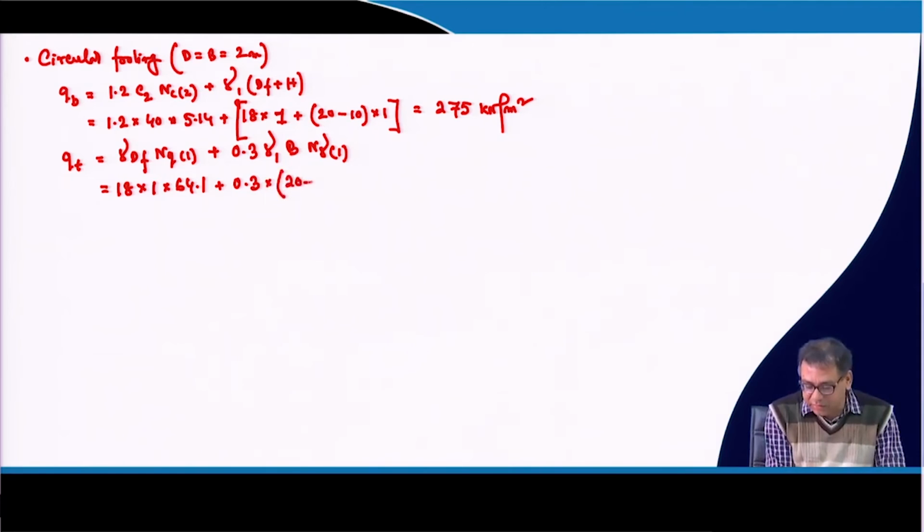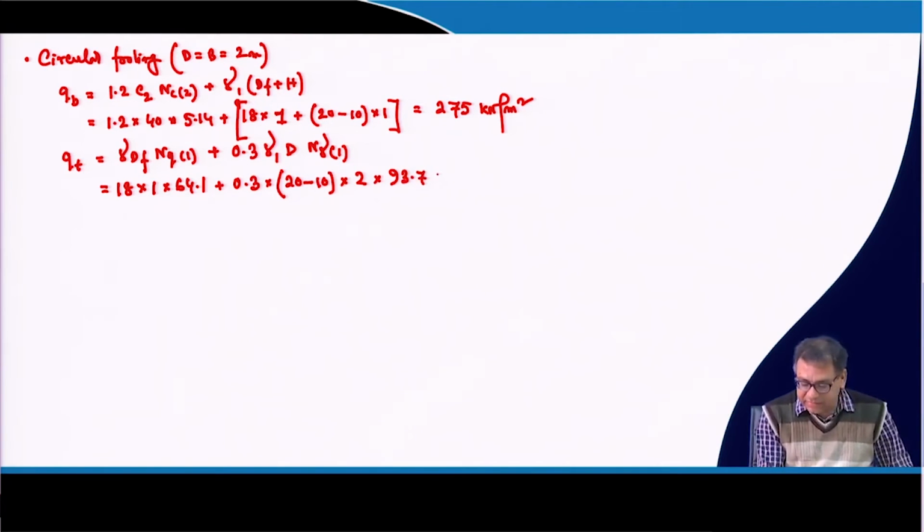So, gamma will be 20 minus 10 with, or I should write D here. So, that D value is equal to 2 meter into 93.7. So, this value is 1716 kilonewton per meter square.